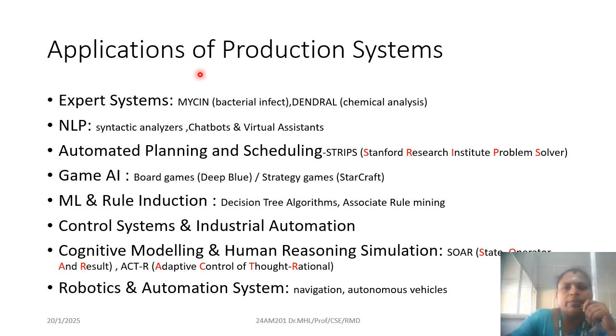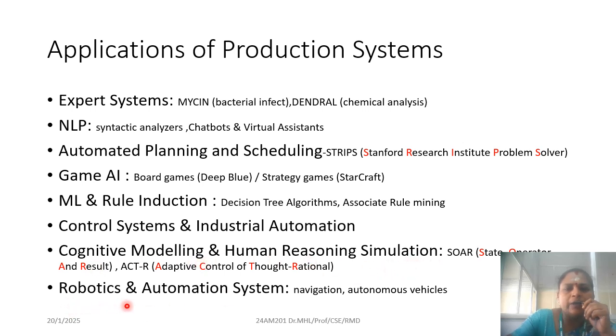The next topic is applications of production systems. We have vast applications of production systems, and to list a few: expert systems, natural language processing, automated planning and scheduling, game AI, machine learning and rule induction, control systems and industrial automation, cognitive modeling and human reasoning simulation.